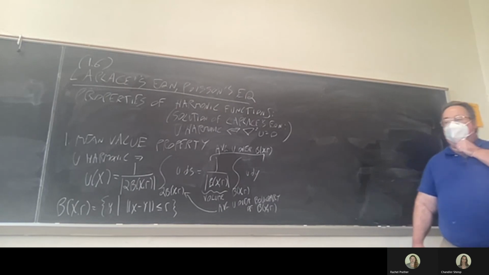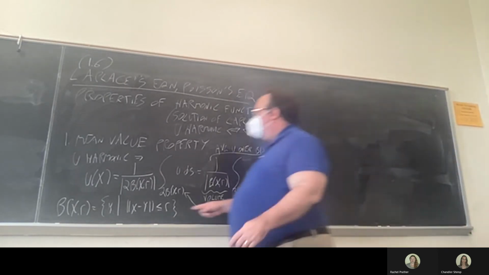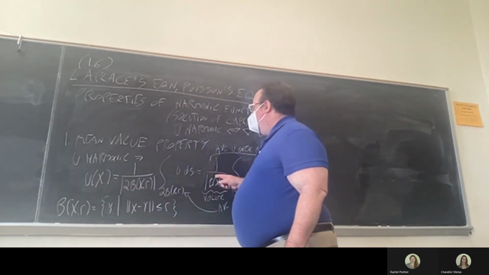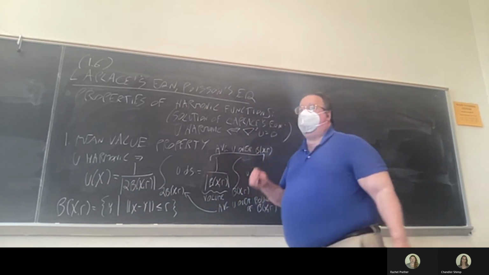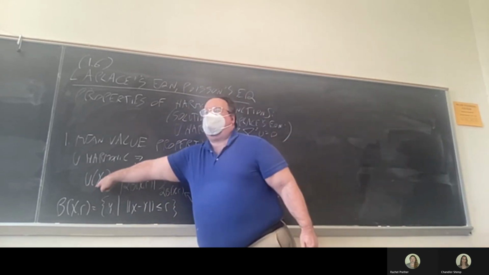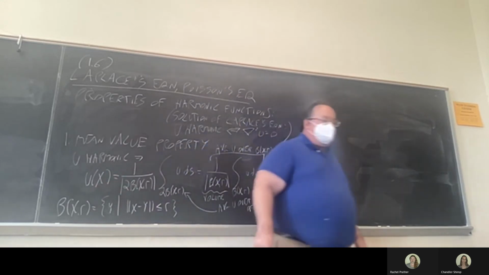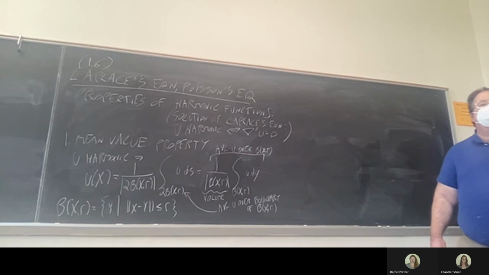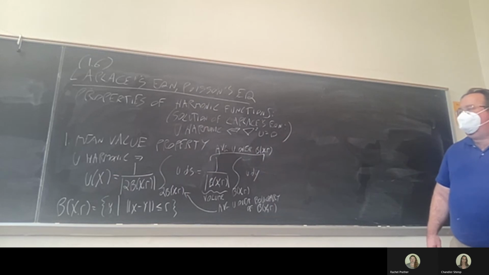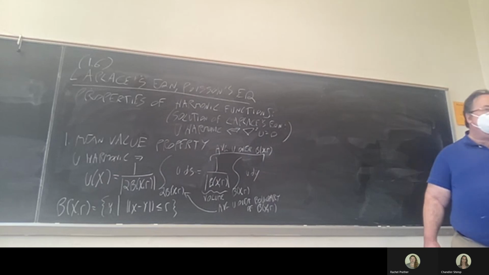And u(x) is equal to that value. So u(x) is equal to the average value of u over a ball centered at this x, regardless of radius, as long as the ball is contained within a region over which u is known to be harmonic.